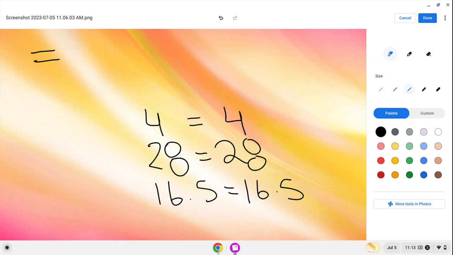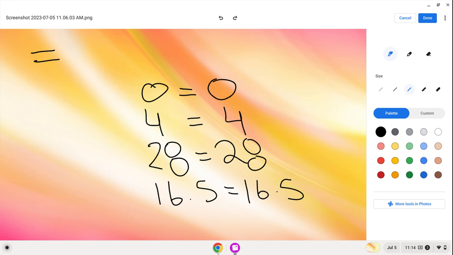They're completely equal. 0 and 0. Completely equal. 1 and 2. They're not equal though. You know that 2 is bigger than 1, so 2 is going to point at 1. Tried to trick you there. But yes, all of these are examples of it being equal. If they're the same number, they're equal.